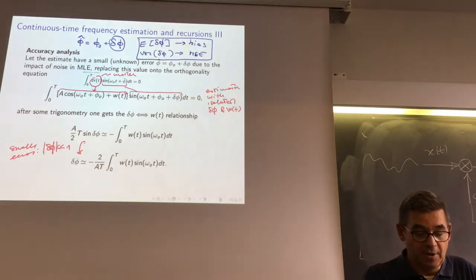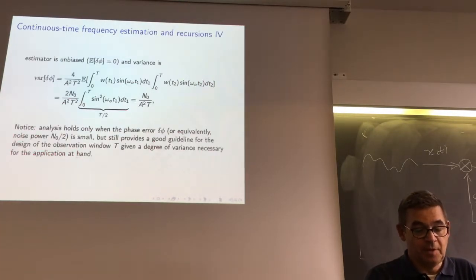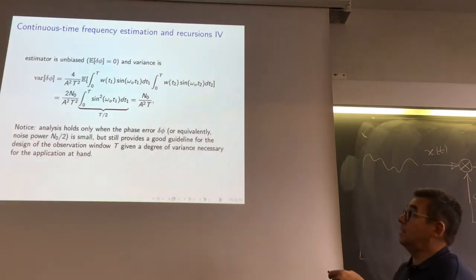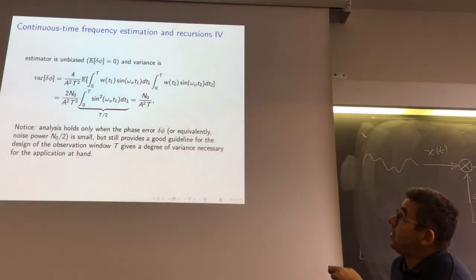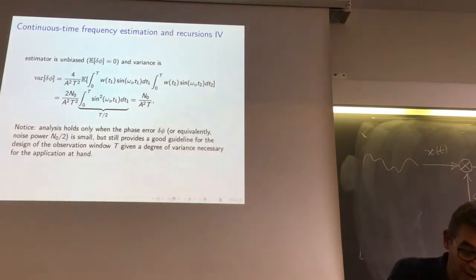Okay, and you can calculate the variance. Since it is zero mean, the variance is the mean square, calculated as the expectation of delta phi squared.